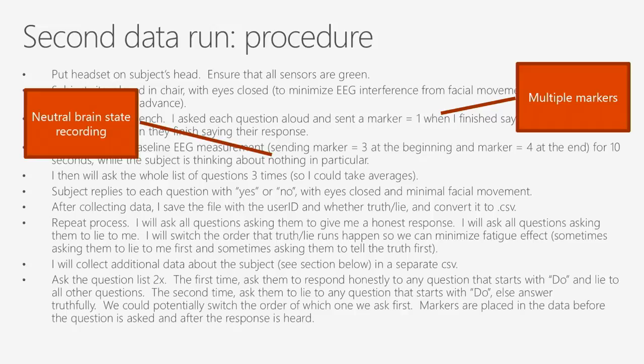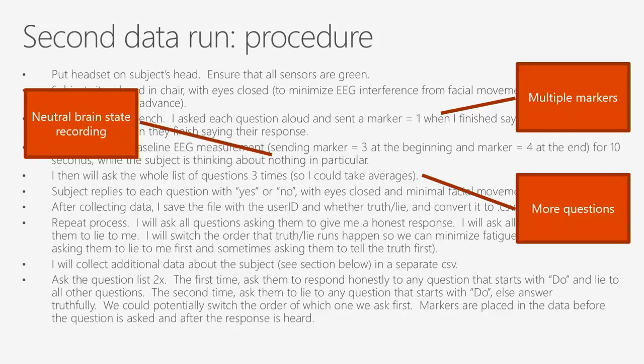And you even saw, when we were doing the Emotiv, when I was moving the cube with my mind, that it was using that neutral brain state recording to get that sense of here's what normal looks like for this person. So I started collecting that so I could utilize that data as well, and then use things like differentials and normalization to do a better job of making something general purpose that would work on anyone.